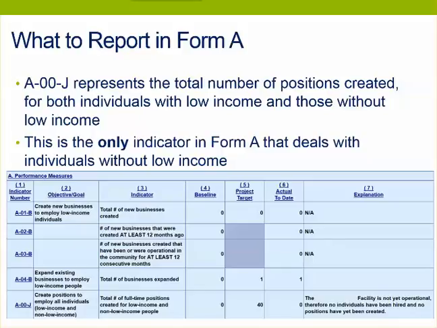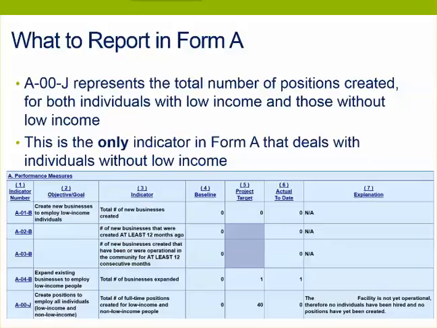This indicator asks for the total number of positions created with CED funds, including jobs created for individuals with low income and non-low income individuals. This new indicator is the only indicator that asks for information on individuals without low income. All other indicators on Form A are specific to positions filled by people with low income, and you will continue to report on the positions created exclusively for people with low income throughout the rest of Form A.